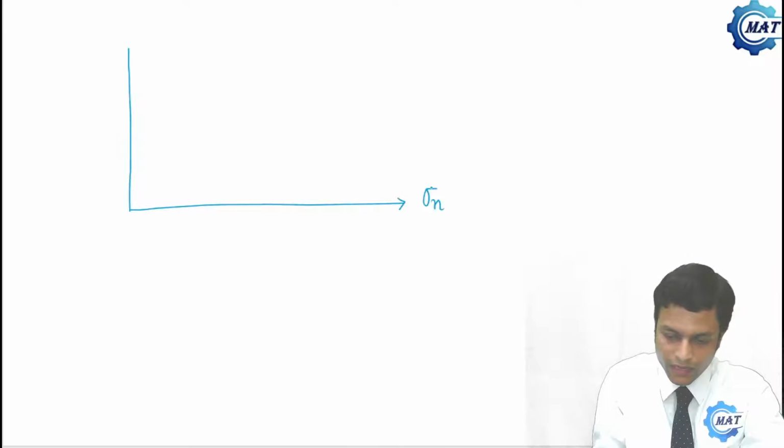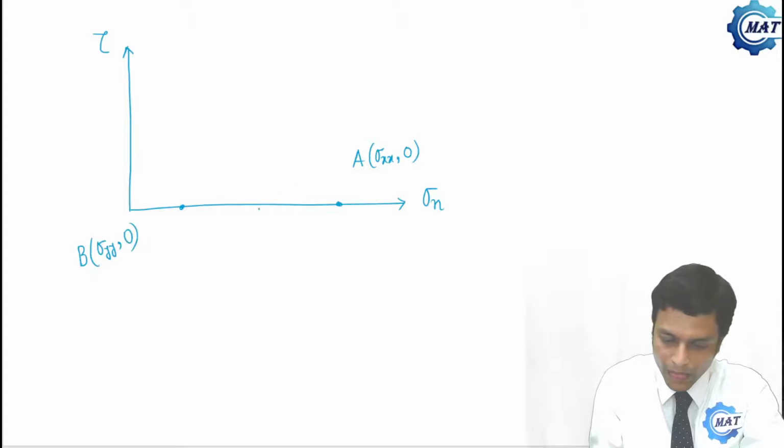So this was sigma n, this is tau, this is point A (sigma xx, 0), this is point B (sigma yy, 0), this is point C, and this is the Mohr circle.